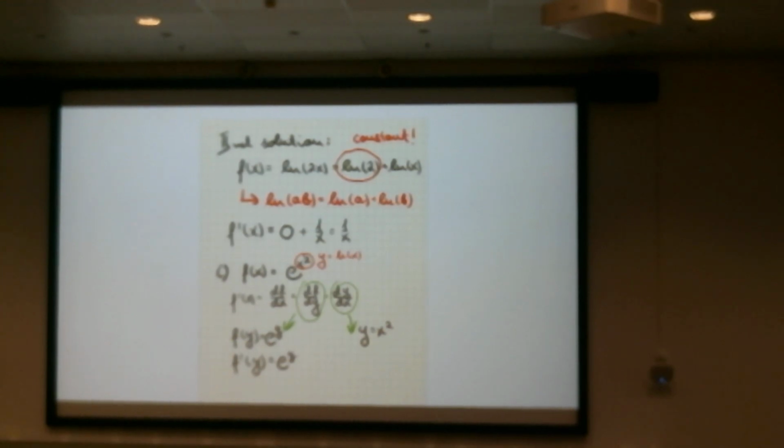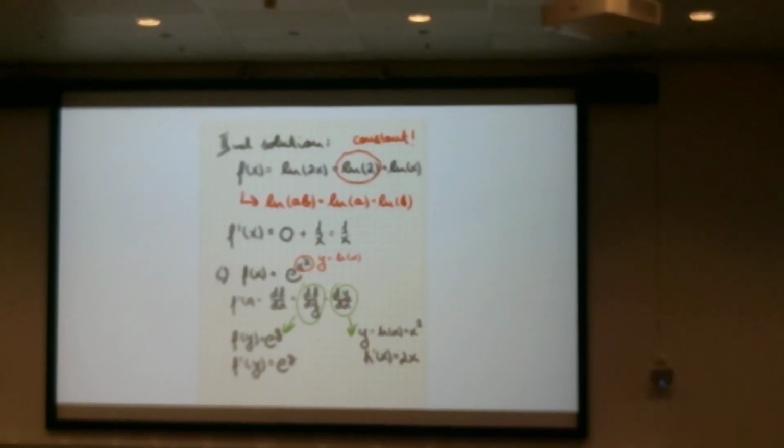So then the derivative of, I think it's always better to write y was equal to h of x, because that's a function of x, and that is equal to x squared. So then the derivative of h of x is equal to 2x. Right? So derivative of x squared, 2x. One of the first derivatives we learned.